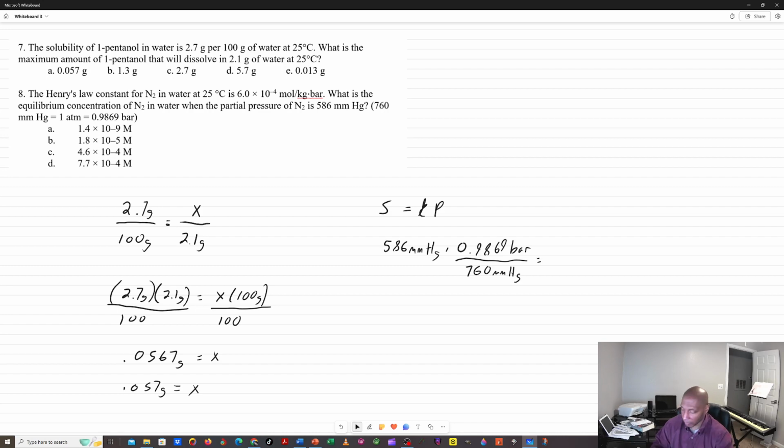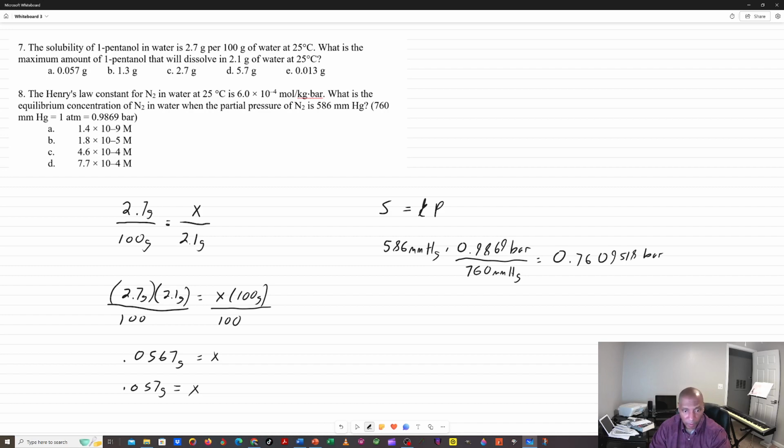All right, so let's see what we got here. 586 times 0.9869 divided by 760 is equal to 0.9518 bar. Remember, we want to use a whole bunch of significant digits until we get to the end and then truncate to the correct number of significant digits.